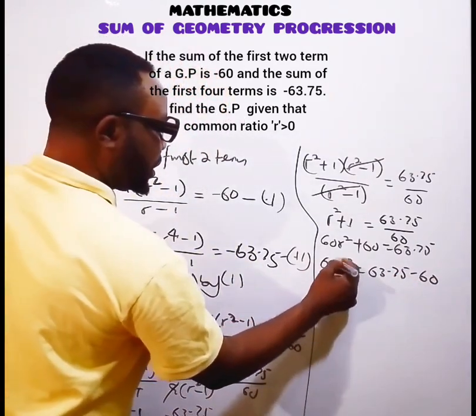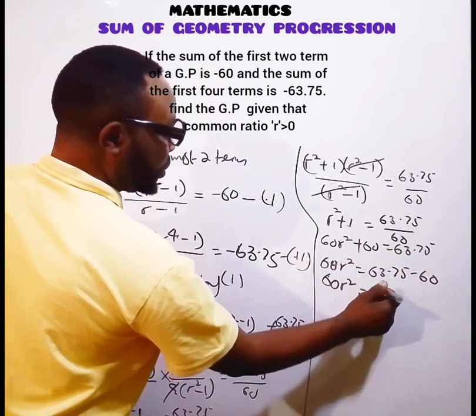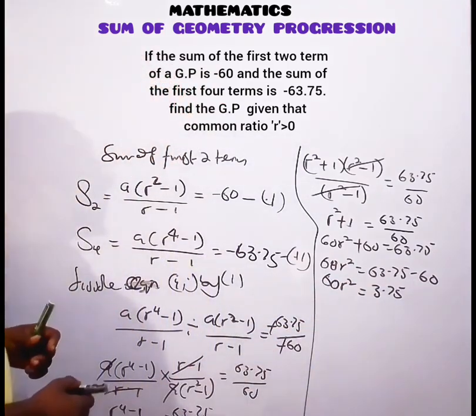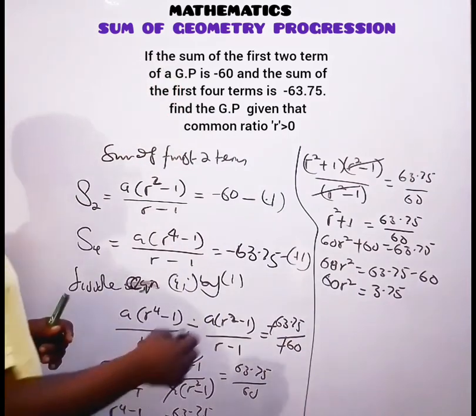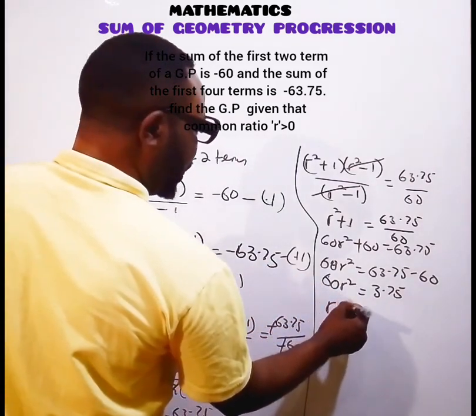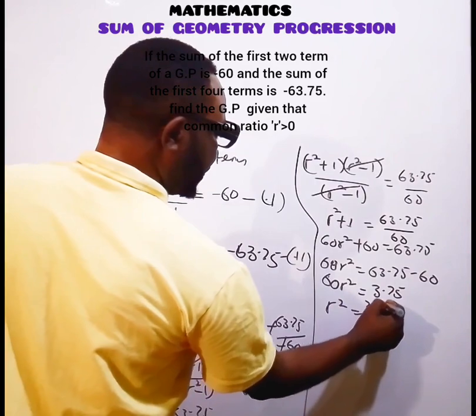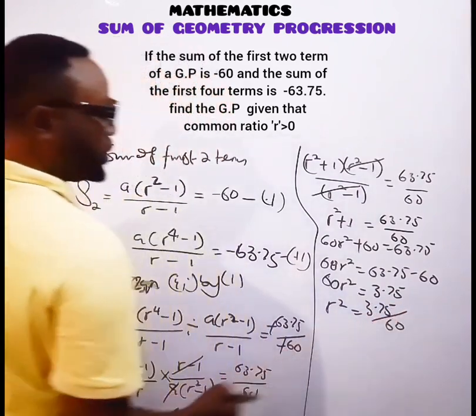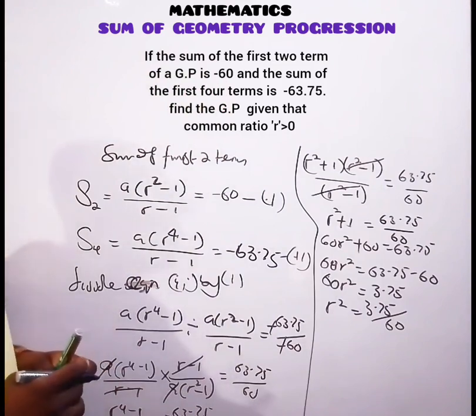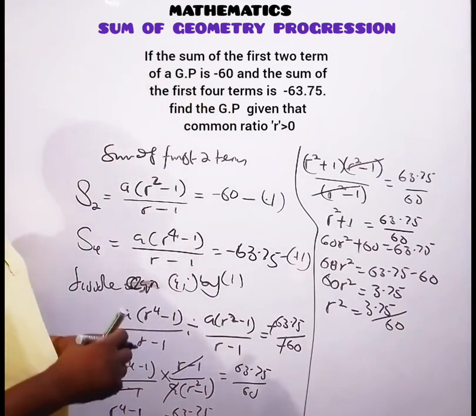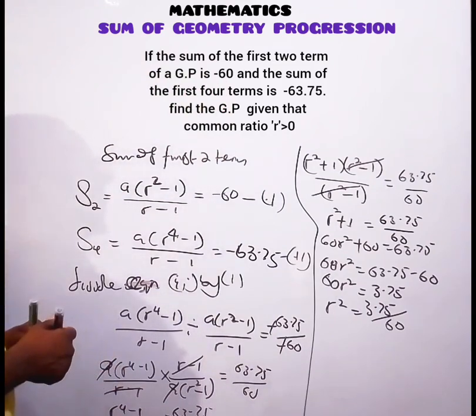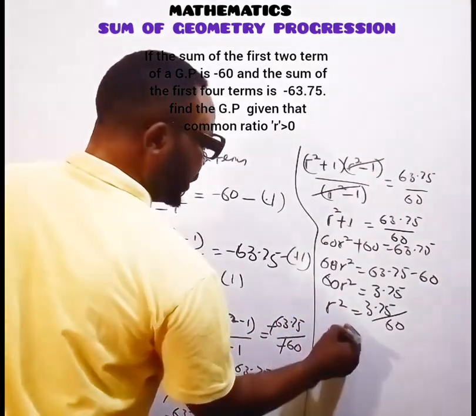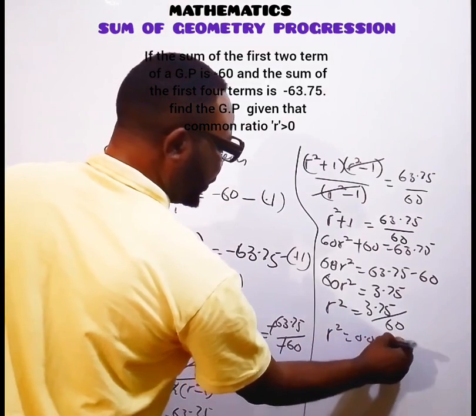So we have 60r^2 equal to 3.75, where r^2 will be equal to 3.75 over 60. That is the r^2 now. 3.75 over 60, we are going to have 0.0625. r^2 is equal to 0.0625.